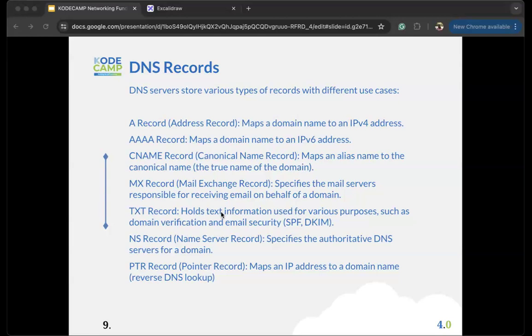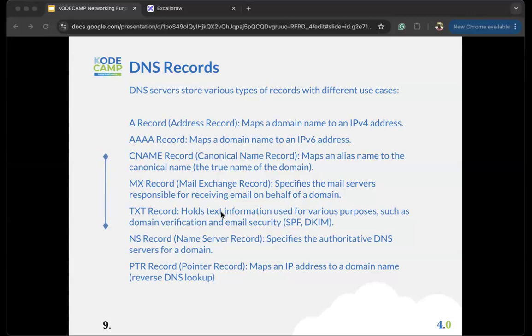So if I have example.com mapping to a specific IP address, and I want to map a different name to that example.com, I'll use a CNAME record, which can map www.example.com to example.com.